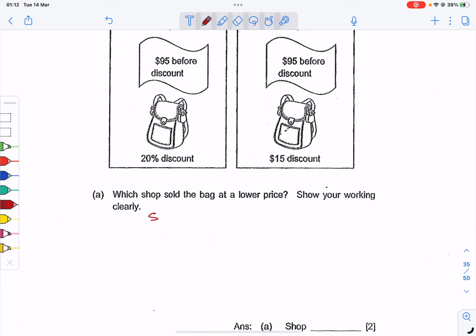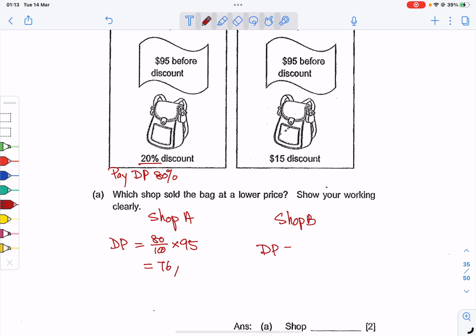So we look at shop A. If I have a 20% discount, I will have to pay the discounted price at 80%. So discounted price 80% of $95, it will be $76.